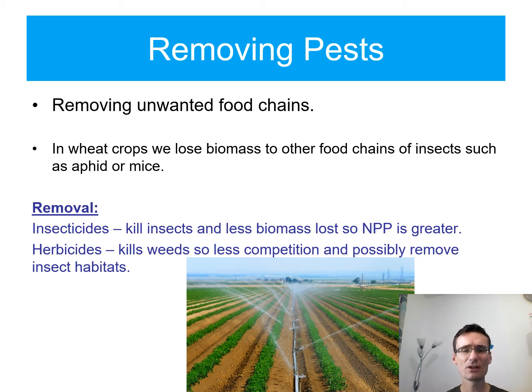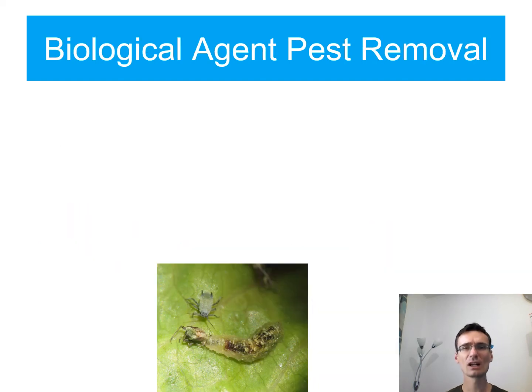We could use herbicides if we've got weeds. So weeds outcompete our crops by growing quicker, and they might steal the sunlight, they might steal the nutrients from the soil. So basically, if we kill the weed off, we won't have that competition. An example of something that would be used to kill the weed would be a herbicide. Now, one way we can kill other organisms is a biological agent.